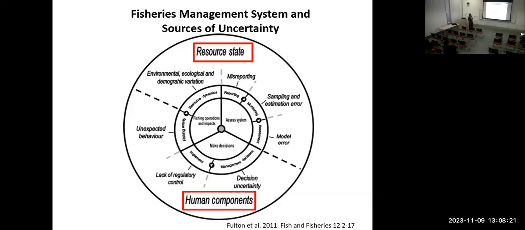And the thing here is that we have basically three central parts. You have fish operation, you have the assessment system, and you have the decision-making system. And for each one of them, you have reporting, monitoring and assessment. And then for the decision-making part, you have implementation and how you're going to make a decision.